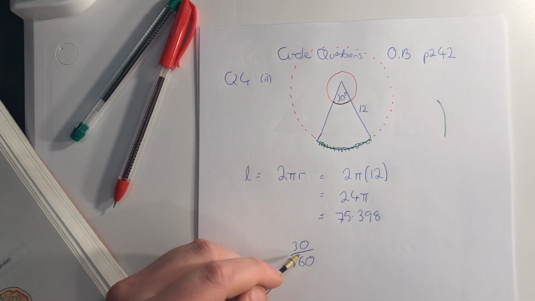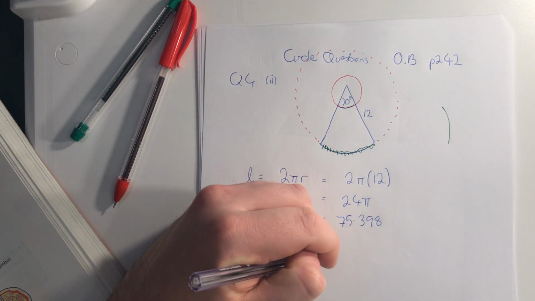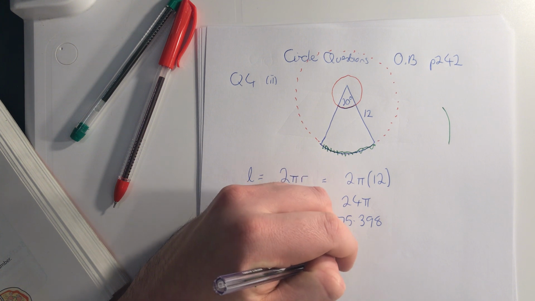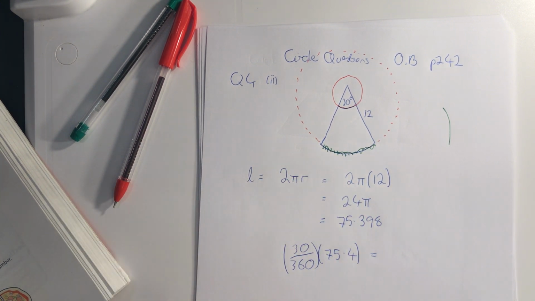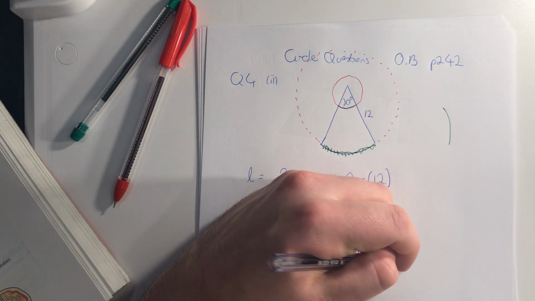So we want that fraction of the full amount. So we multiply that by the full amount, which was 75.4, let's say, and that's equal to 6.283 or something like that.